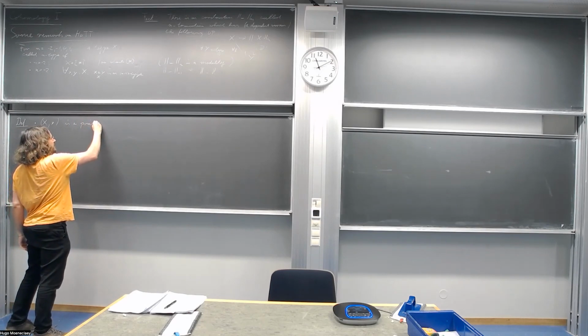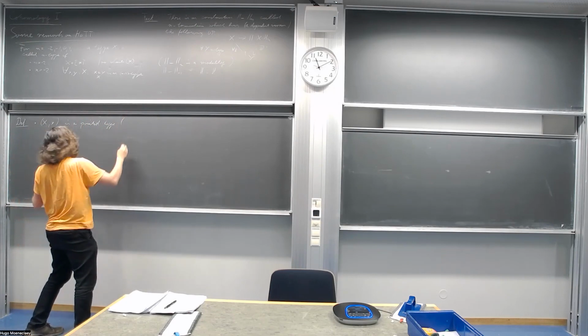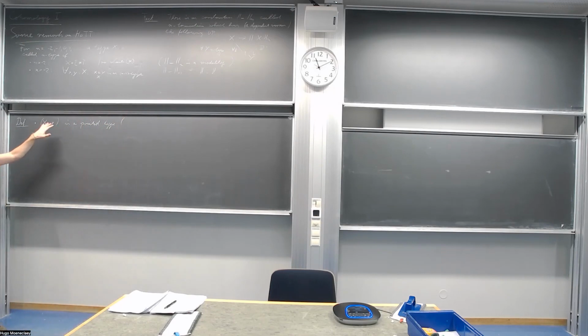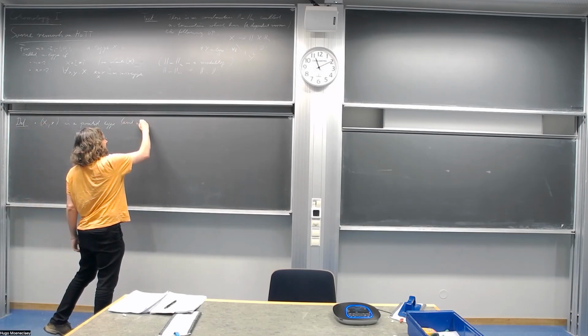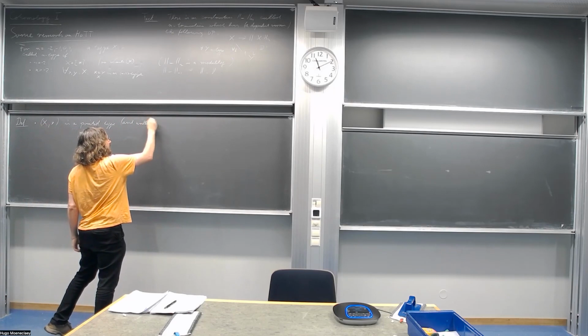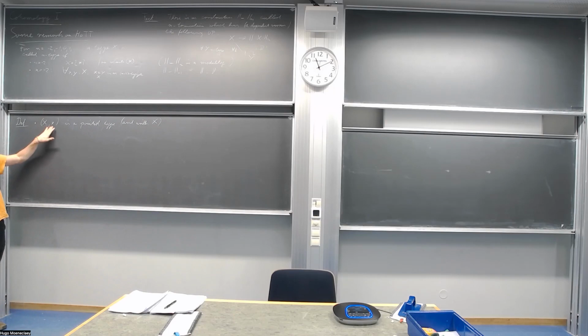I will always just say it's a pointed type, but not write this pair. If we say something is a pointed type, we always assume there's some element called star, no matter in which pointed type it is.